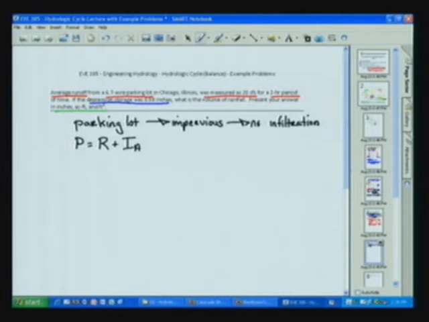Okay? The area is the 6.7 acres, and there are 43,560 square feet in every single acre, and 640 acres is a mile squared.